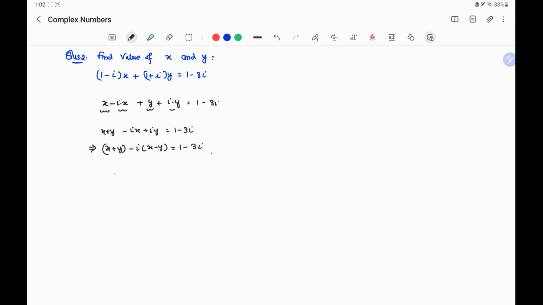Now comparing, the real part is x plus y equal to 1 and the imaginary part is x minus y equal to 3.